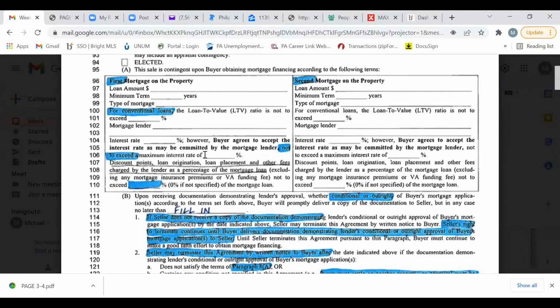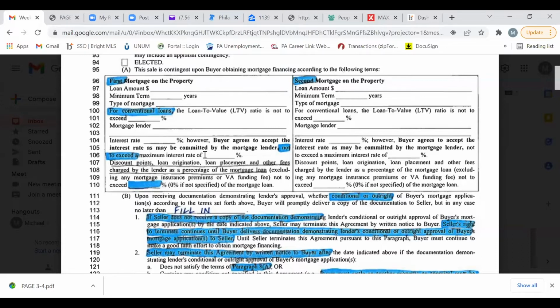Typically it's $900 to $1,200. But if they charge it as a percentage, let's say they say it's 0.25% of the loan amount, then we need to know that so that we can put that in. I know I've never seen that box filled in on any offer I receive. And after reading this contract, maybe I should start asking the lender that.